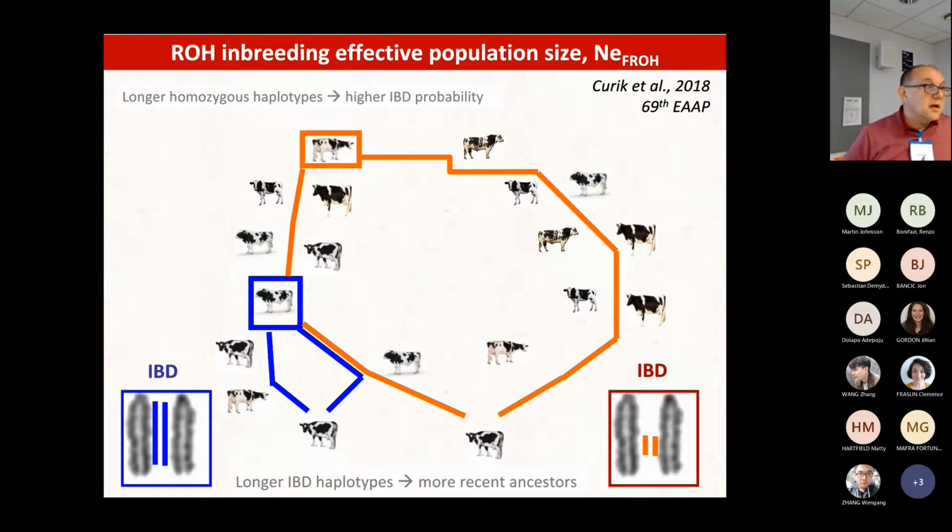First I would like to introduce you a little bit to the concept of runs of homozygosity. In the concept of runs of homozygosity, we are measuring strings of regions that are homozygous. Those regions are so big that we assume it's impossible that they are just randomly segregating haplotypes in a population that came together in a homozygous way.